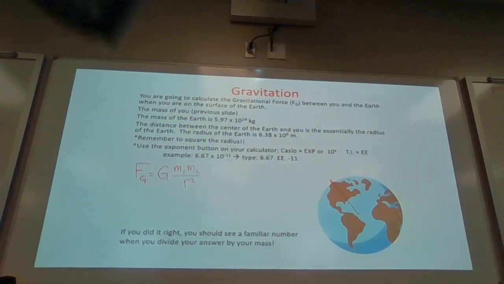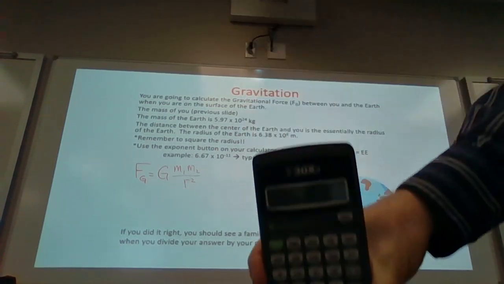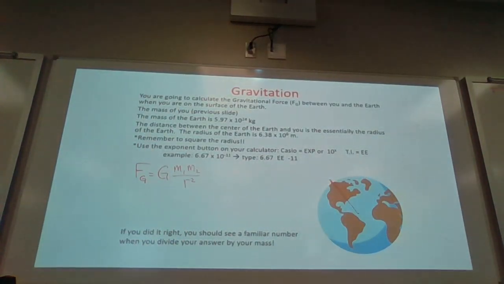If you have a Casio, okay, they have an EXP button or a times 10 to the N button or times 10 to the X button. So hit that for times 10 to the. If you have this kind of calculator, one that doesn't have a backspace, life is going to be a little more challenging for you.